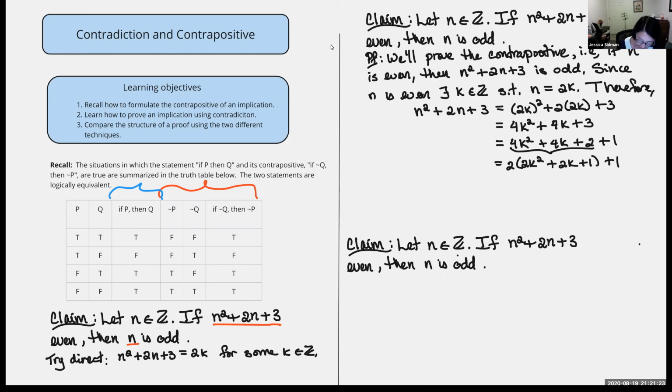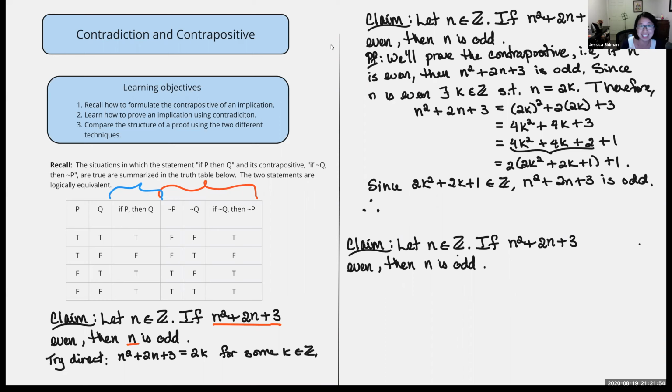Okay, I'm going to put a period here. Therefore, that's true. So, or maybe I'll say since. Since 2k squared plus 2k plus 1 is an integer, n squared plus 2n plus 3 is indeed odd by the definition of an odd number.